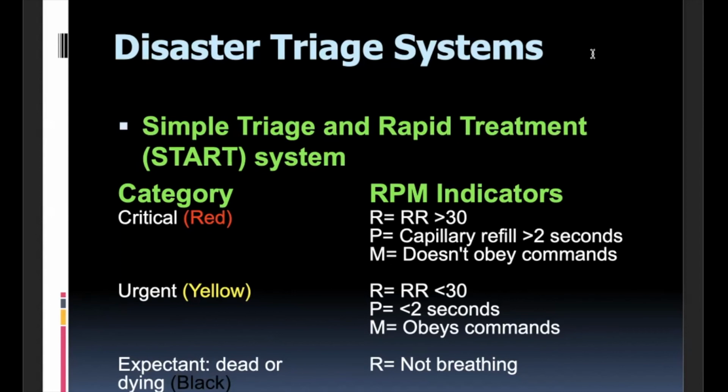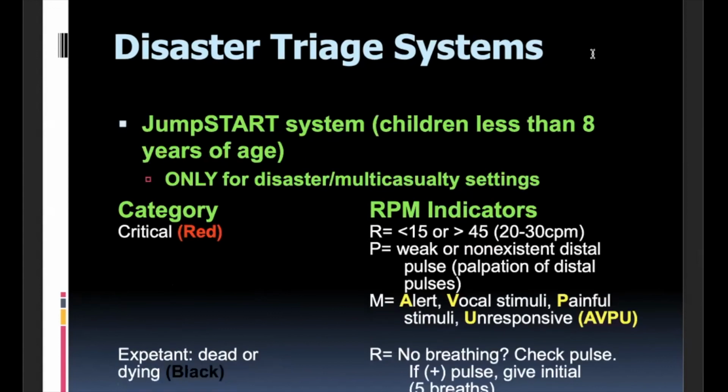Okay, and of course, urgent is yellow, and the expectant is black: not breathing, or the patient is having no vital signs at all. Okay, jumpstart system, for children less than 8 years of age, only for disaster or multi-casualty setting. Okay, so you need to properly check the category and the RPM indications here.